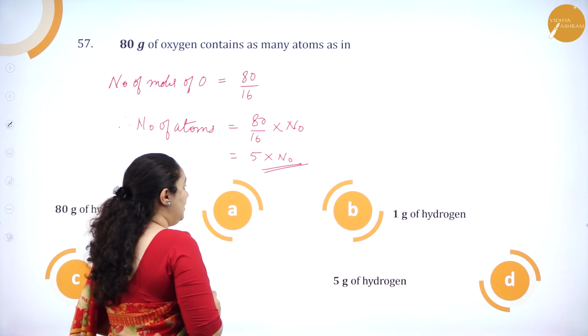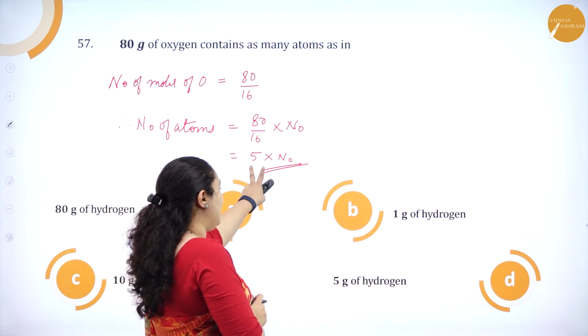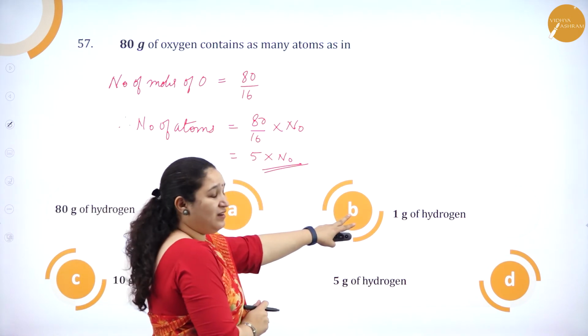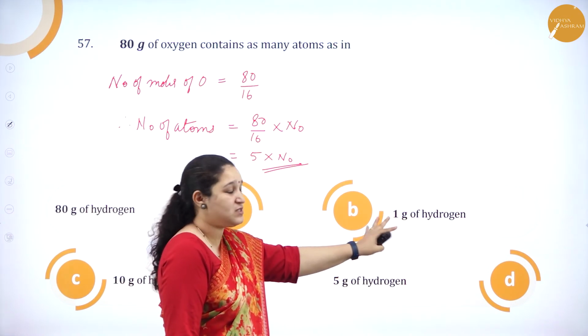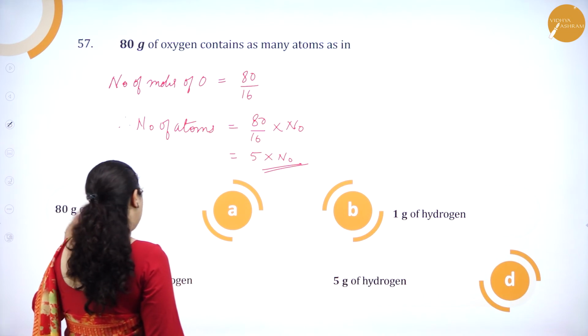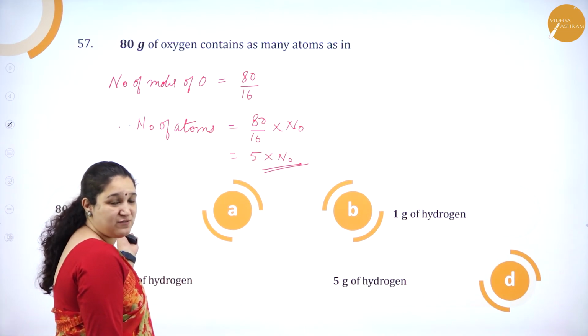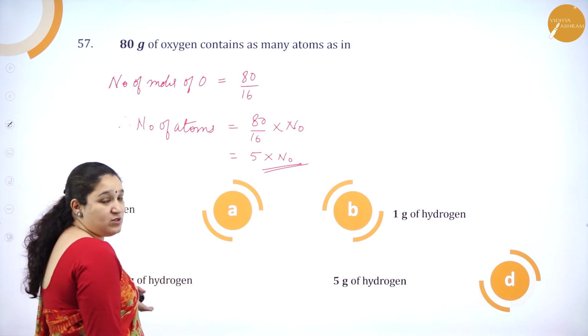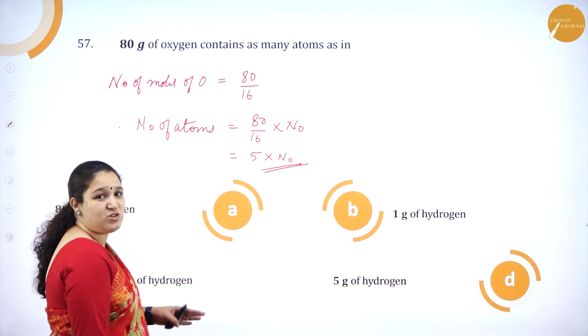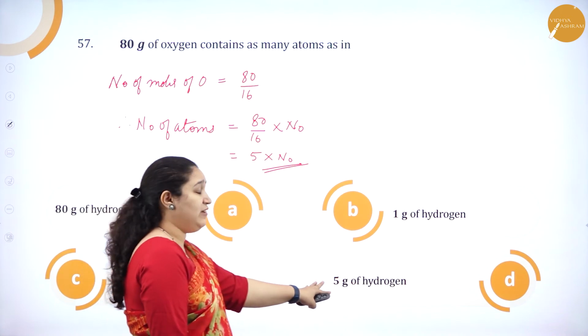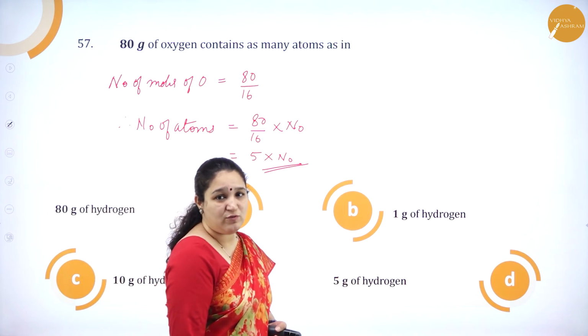Now, how can I get 5 from hydrogen? If I take 1 gram of hydrogen, I will not get 5 moles. 8 or 10 would not give 5 moles either, because moles is mass by molecular mass, and the molecular mass of hydrogen is 1. So it should be 5 grams to get 5 moles of hydrogen.